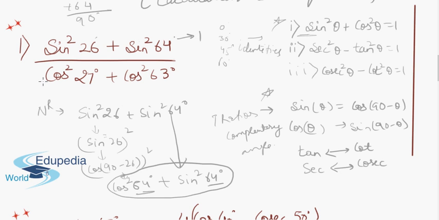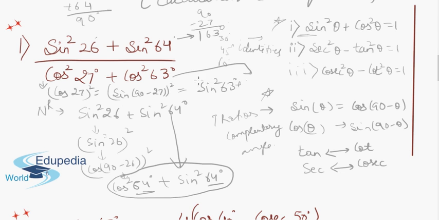Similarly, if we check the denominator, cos 27 whole square can be written as sine of 90 minus 27. Now 90 minus 27 is 63. So it has become sine square 63 degree plus cos square of the same angle.